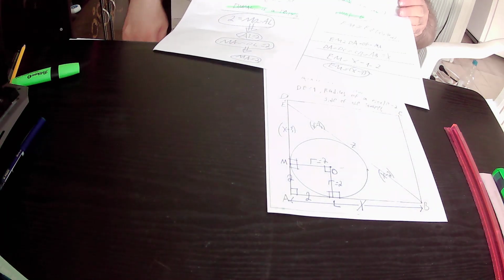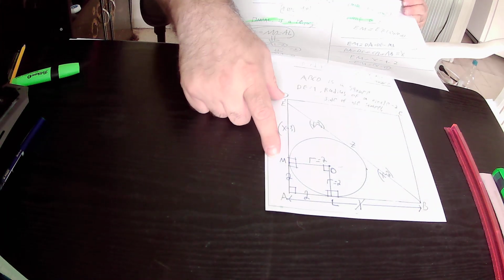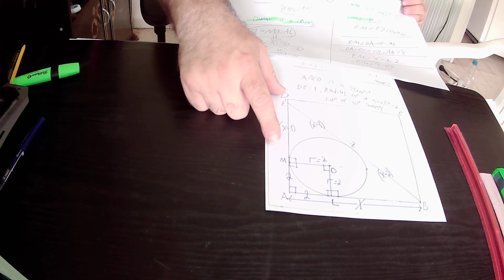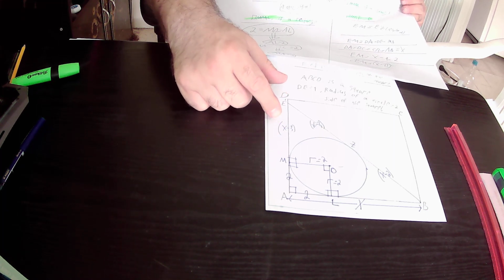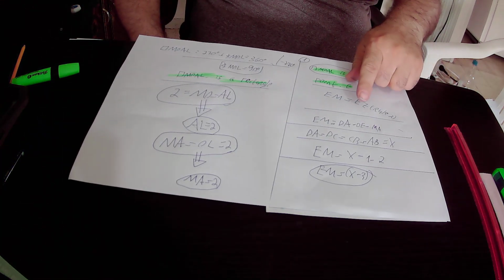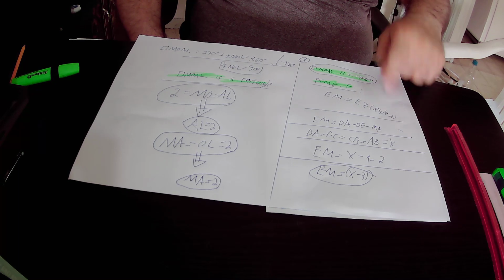What is the length of EM? From the drawing, it is very easy to see that EM equals DA minus DE minus MA.